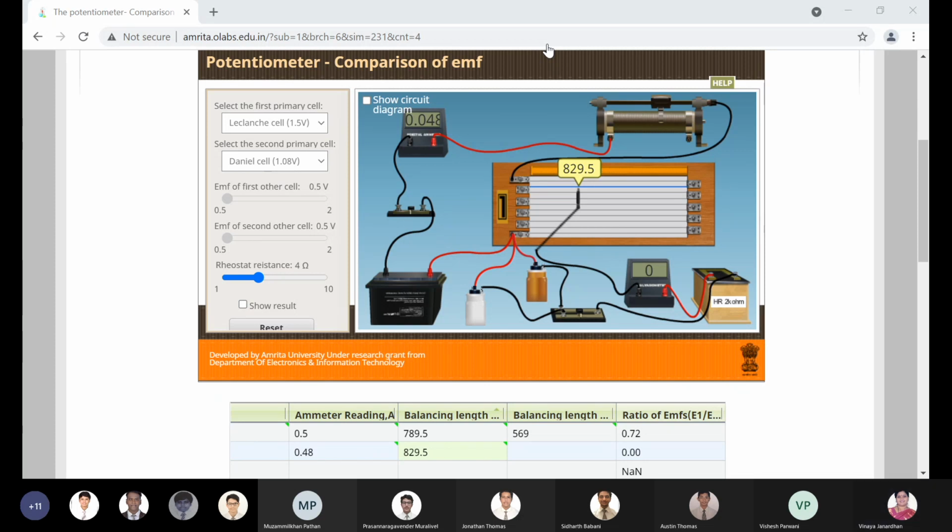Aaron, Austin, Ayan, Derek, Fadil, I've got Hitesh, Nabil. I think Nabil is in school. Jonathan, Danish, Prasanna have got the values, Samuel. Okay, Derek, fine.